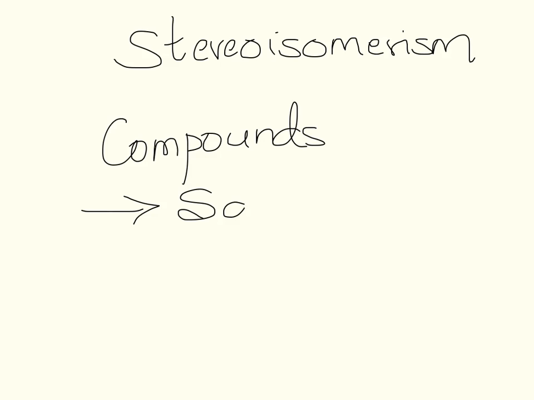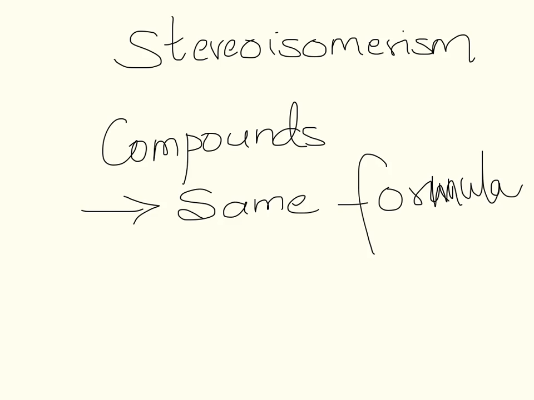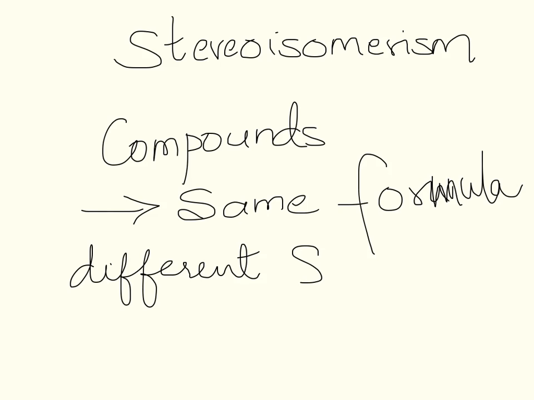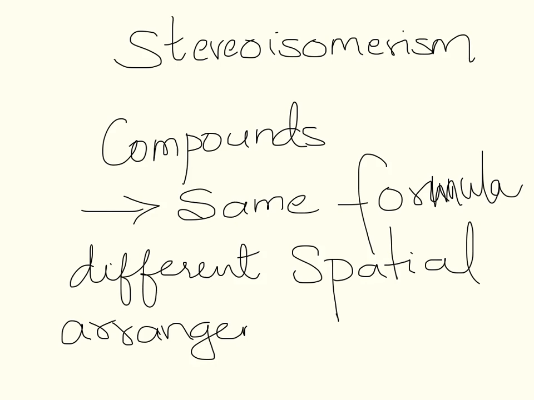What are stereoisomers? Pairs of compounds that have the same structural formula, same chemical formula, but they have different spatial arrangement of atoms.